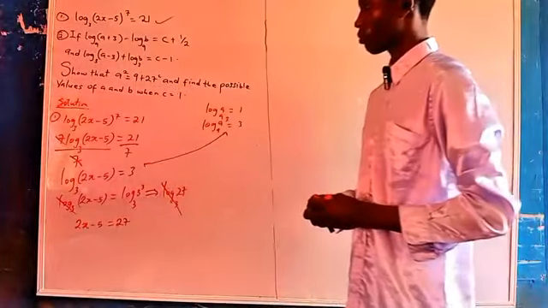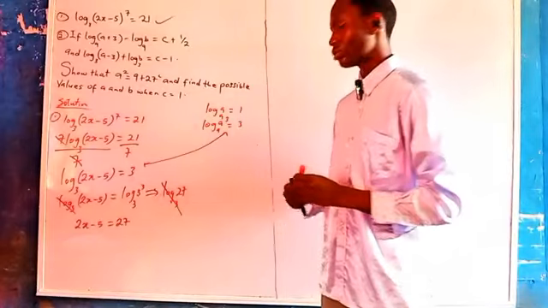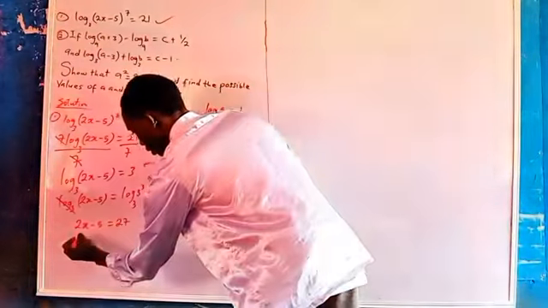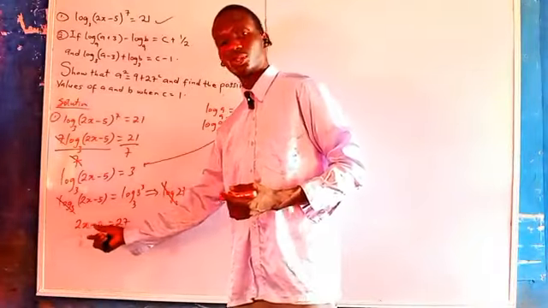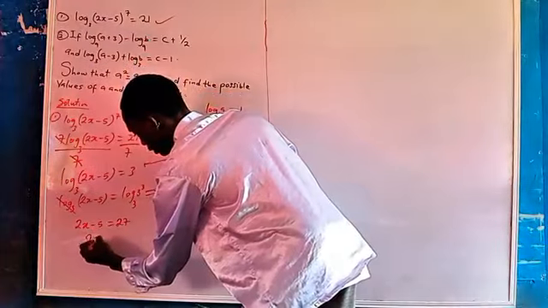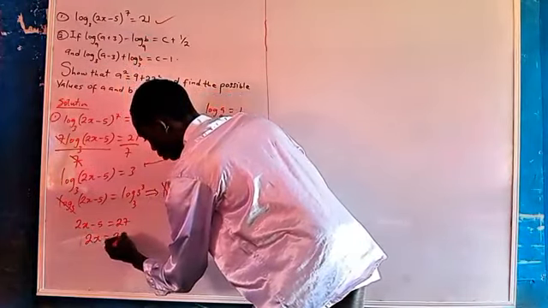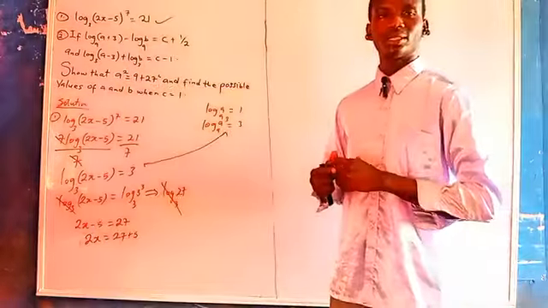Okay, and now you can see we are getting to where I'm going. I will collect the like terms. So let me say I add 5 to both sides. The 5 is going to cancel out the 5 here, so I'm going to have 2x equals 27 plus 5. I hope you understand what I just did there.